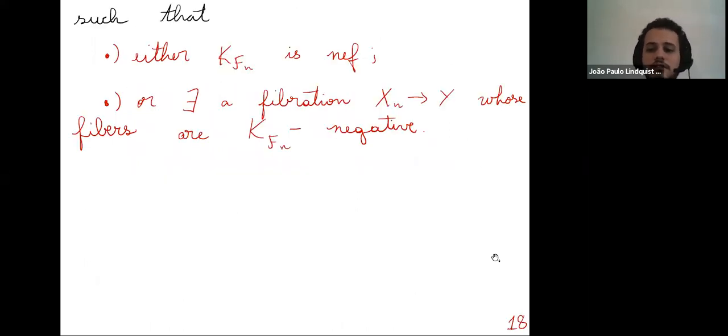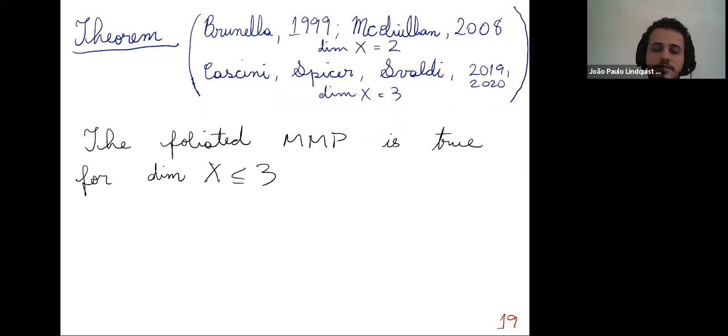And the conjecture, in analogy to the classical MMP, is that either K_Fn is nef, or there is a fibration Xn to Y whose fibers are K_Fn negative. Turns out that this is true if the dimension of X is at most 3.